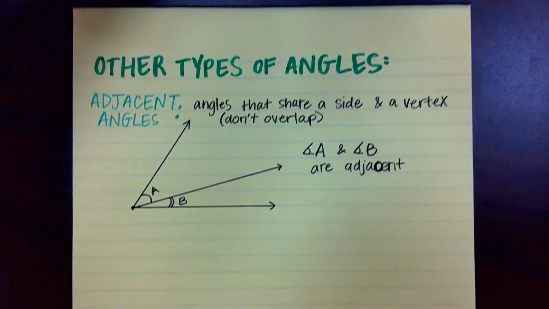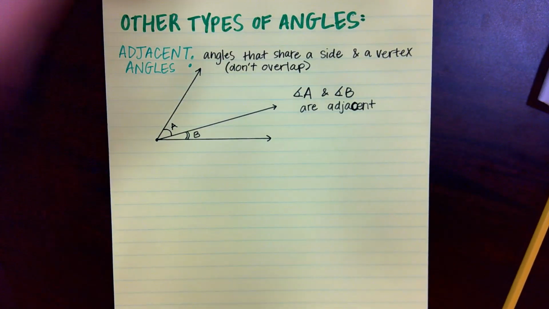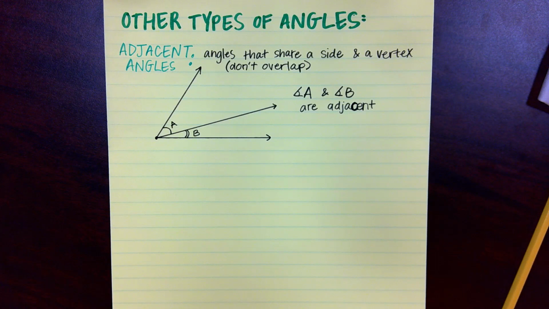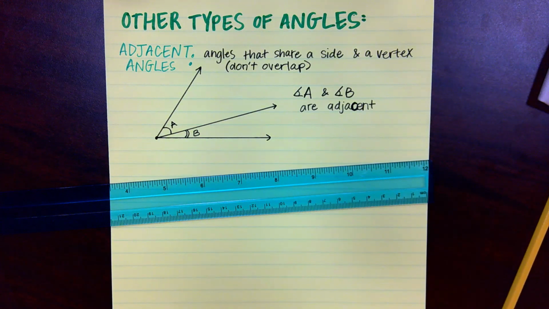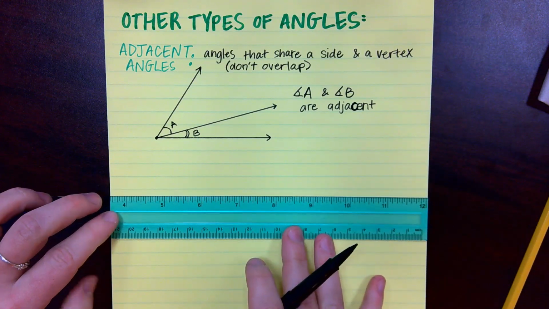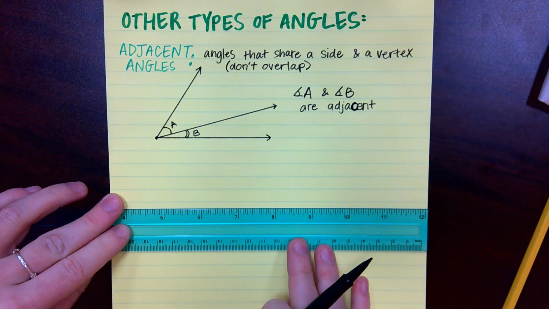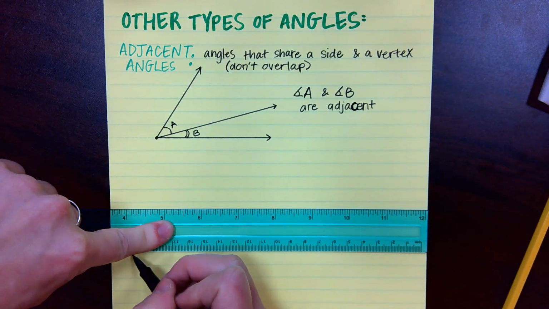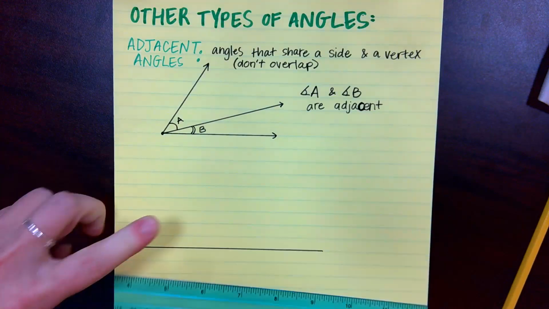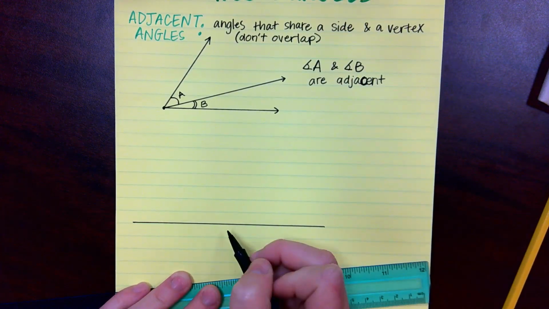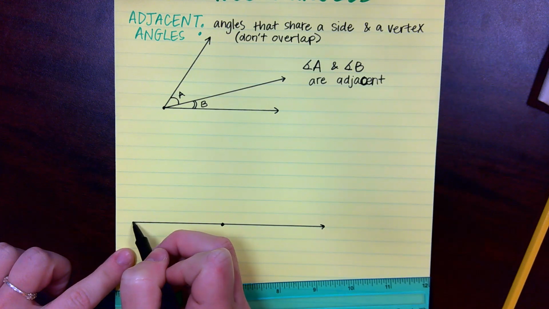We're going to talk about two different types of adjacent angles. So the first type, we're going to start with a straight angle. Do you guys remember what a straight angle is? We mentioned it just really briefly. It looks like this.